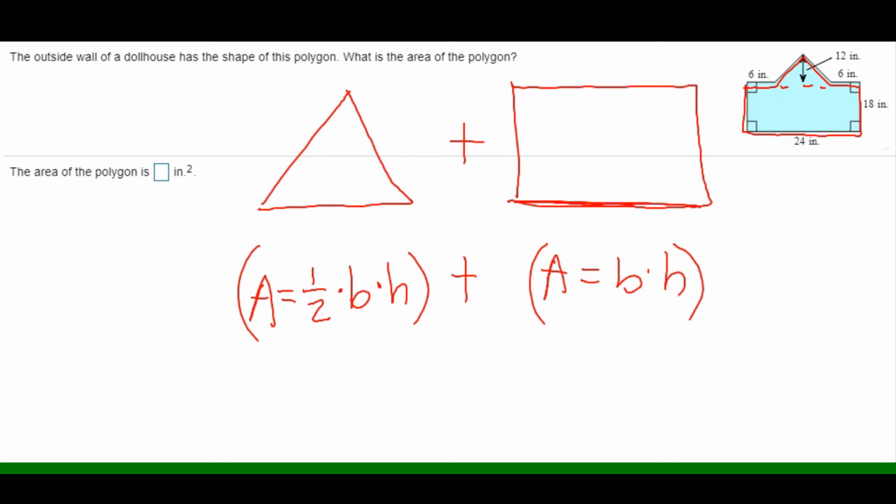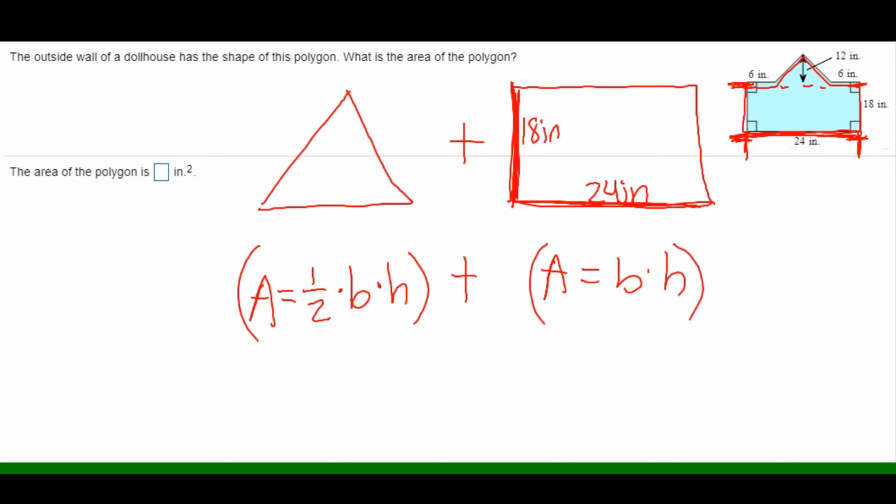So the base of the rectangle is the length from here to here, which is 24 inches. And the height of the rectangle is going to go from here to here, which is parallel to here to here. So the height of the rectangle is 18 inches.